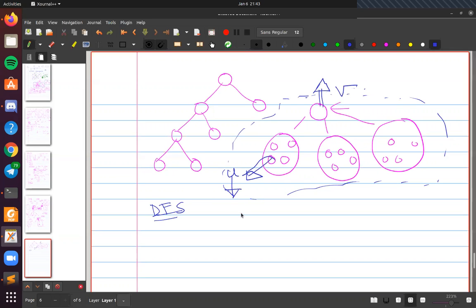So if this node is V, then V will be an ancestor of U in the centroid tree, because I will repeat the same process irrespective of the position of U. U will come to some node, then some node, then this node, right? So V is some ancestor of U.